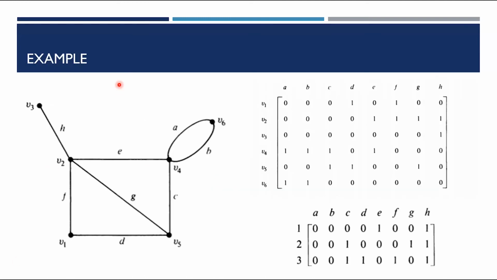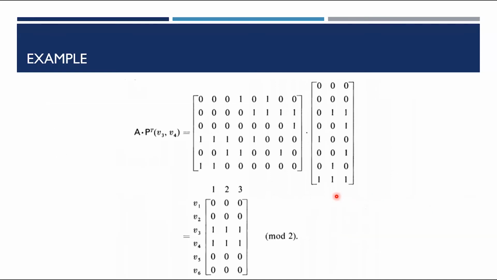Again, let's consider our previous example to see how this theorem works for a graph. Given here is the incidence matrix for the graph and the path matrix that we have seen previously. As I have already said, the product is taken between the incidence matrix A and the transpose of our path matrix. Modulo 2 multiplication is slightly different than our usual matrix multiplication.